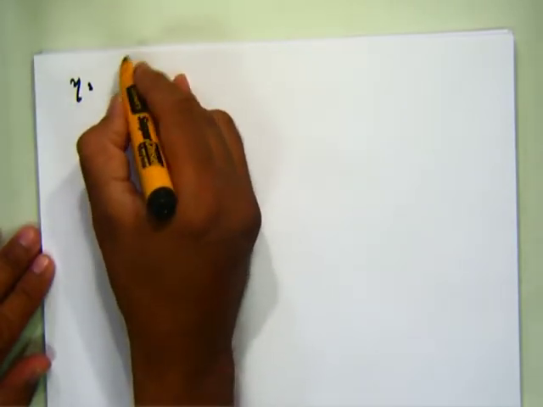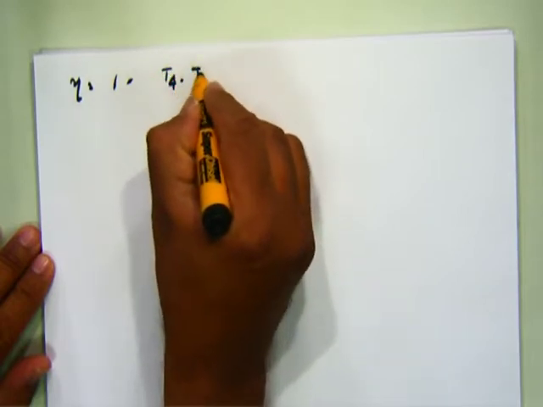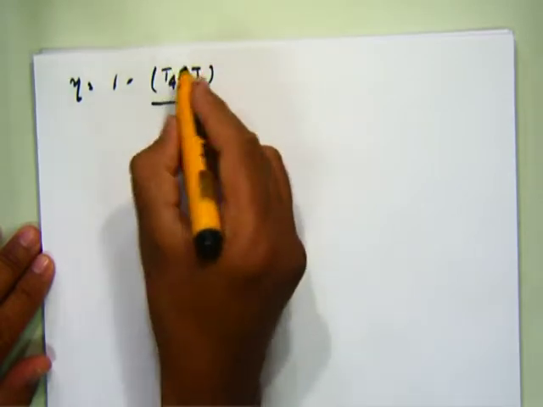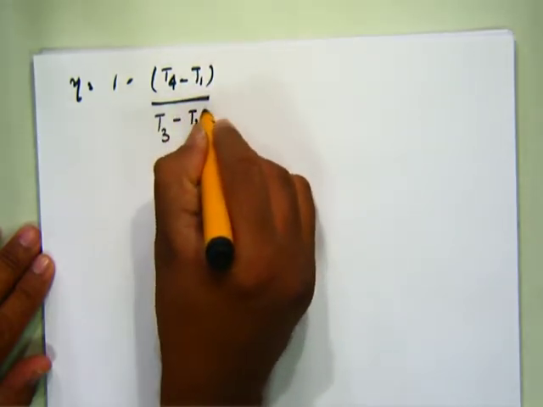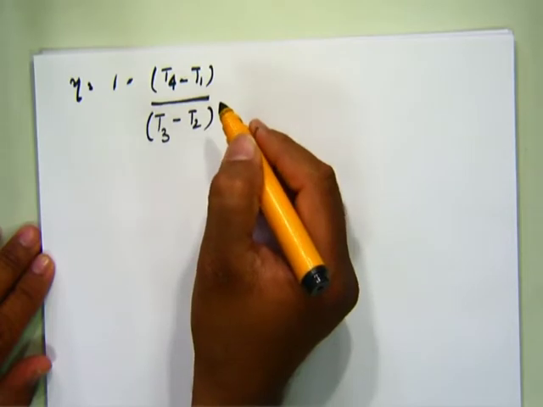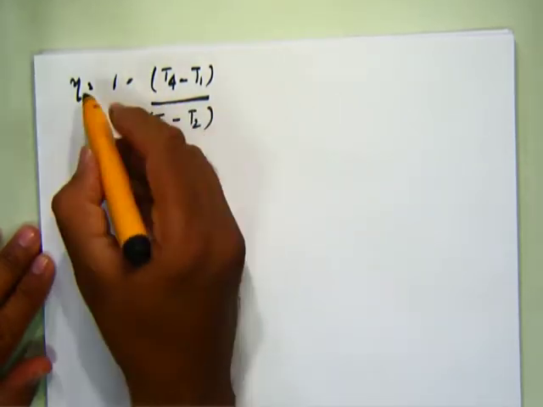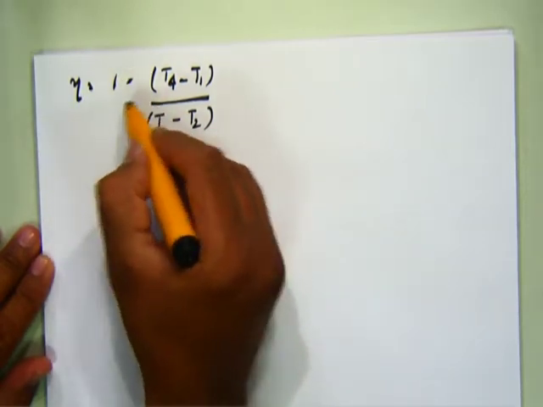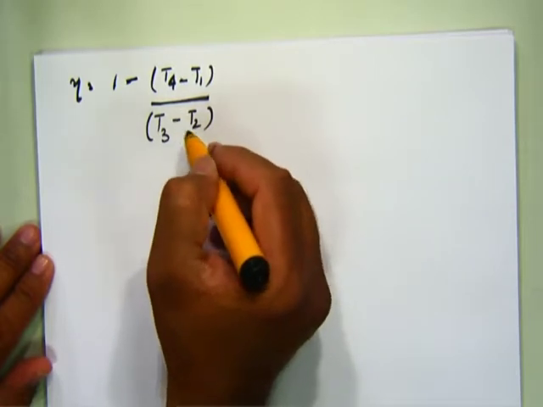So we have seen that efficiency is equal to 1 minus T4 minus T1 upon T3 minus T2, because the equation of net work upon the heat supplied we have simplified and reached this.